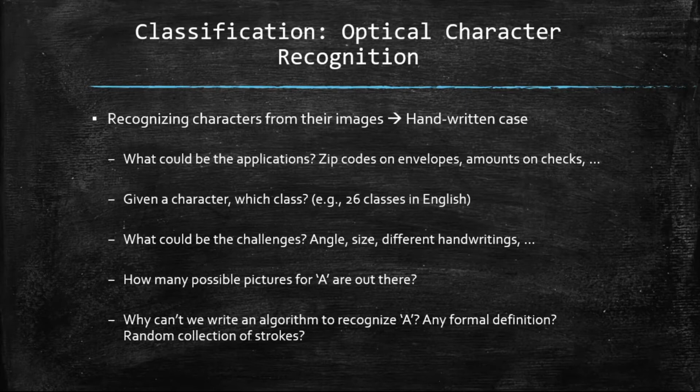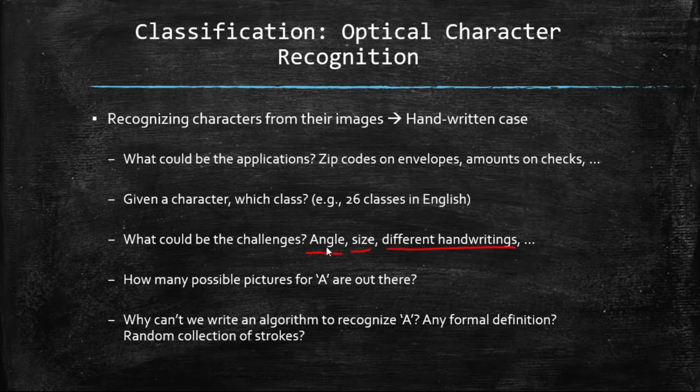Now, what could be the challenges in this case? The challenge is that everybody writes a letter in a different way. The angle could be different, the size of a letter can be different from person to person, and you can have different handwriting styles.